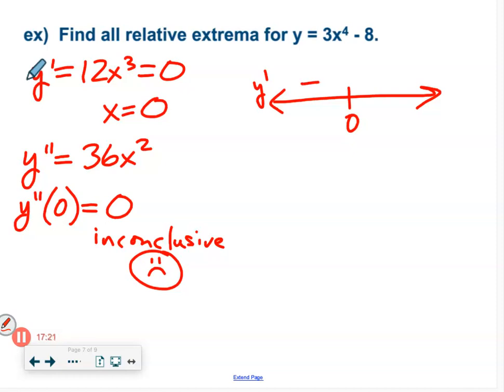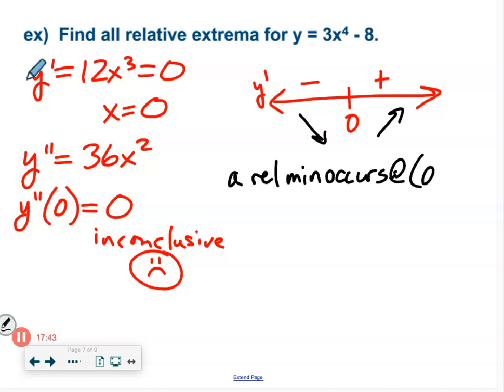Negative. What about if I pick a positive? I get a positive. So my function is decreasing, increasing, which means we have a rel min, right?